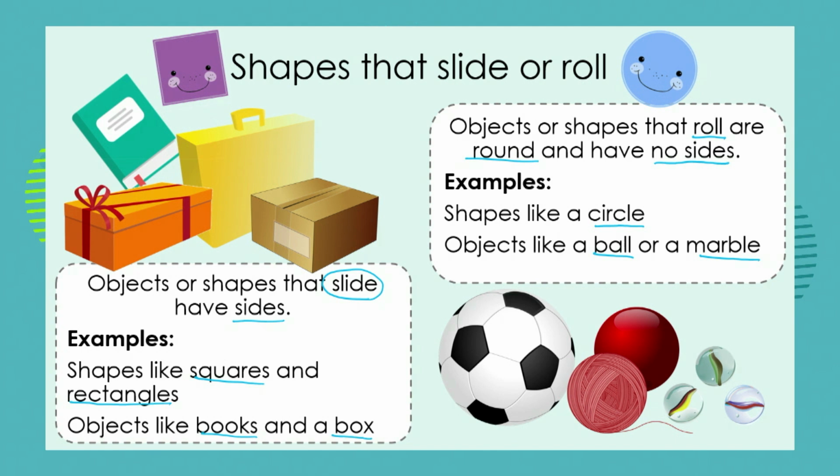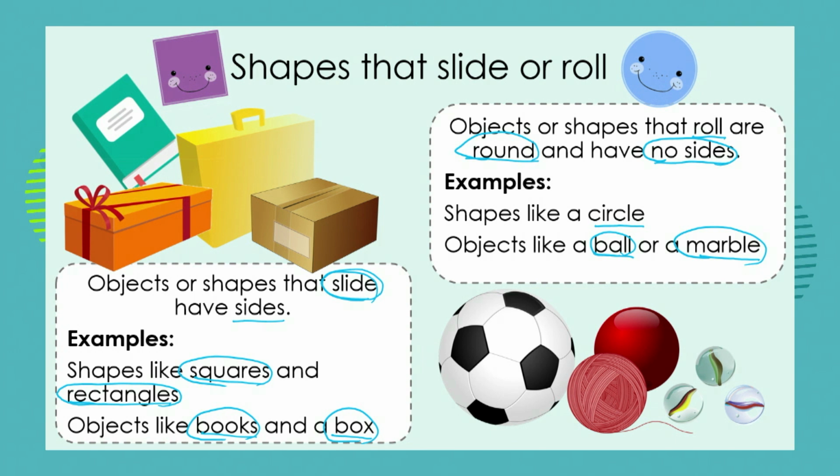So remember when we learned about 3D objects and shapes, we said that objects that roll, when we push them, they keep going. We also now learned that they roll if they are round and have no sides. So these are going to be objects such as balls or a marble. Objects that do have sides, such as a square or a rectangle, and everyday objects like a book or a box are then going to slide.